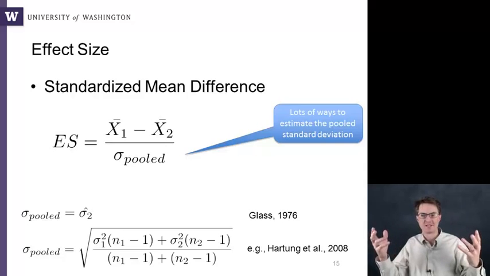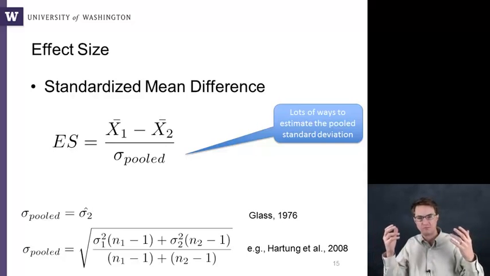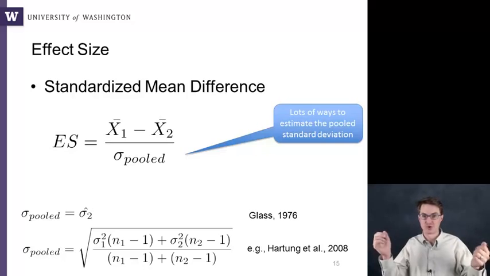There are lots of ways to compute a value for this notion of pooled. One simple way is just to take the standard deviation of the control group. The argument is that the variation is supposed to be the same because the two groups are drawn from the same population.